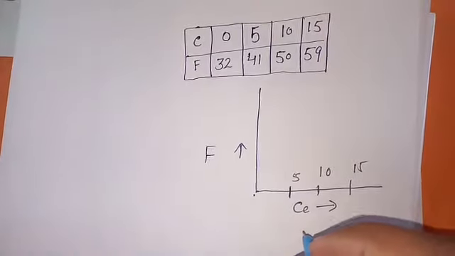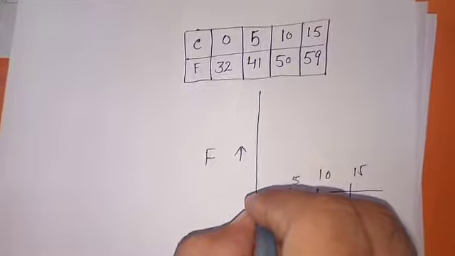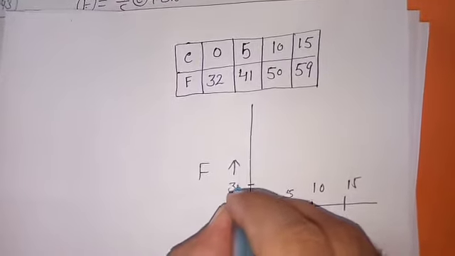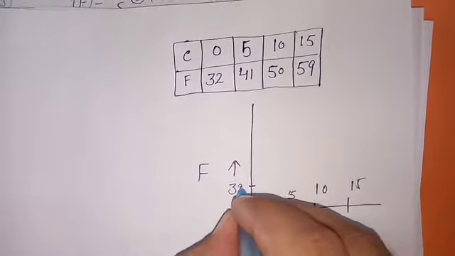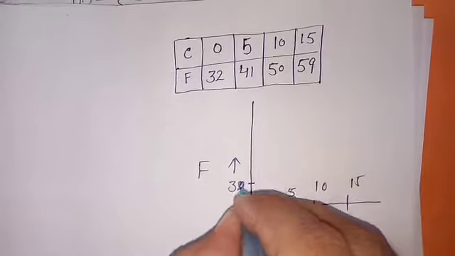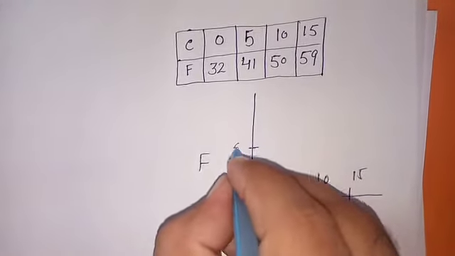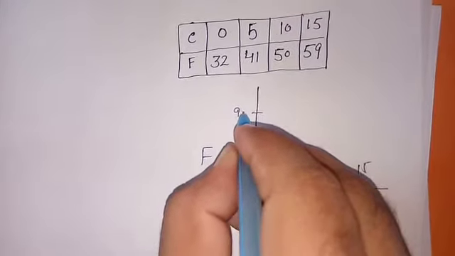Then how can you take this? 32 you can take, like this, this is 32. Or you can take like this 30. This is 60. This is 90.